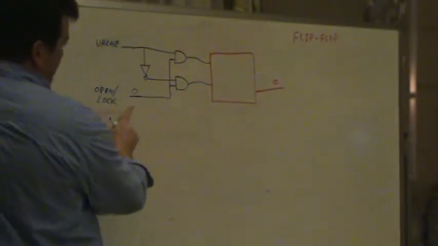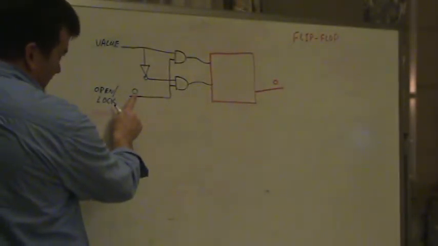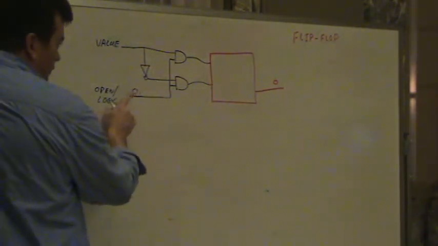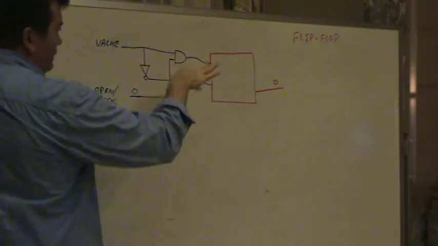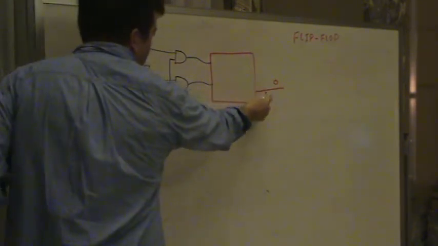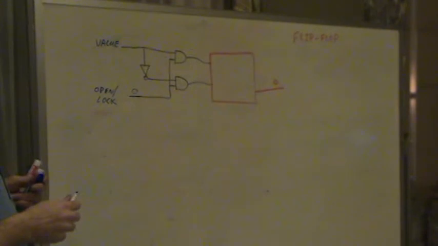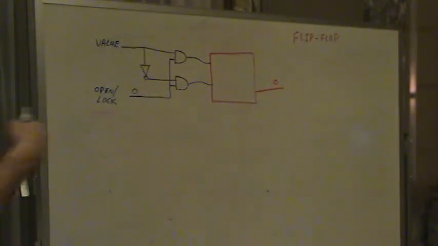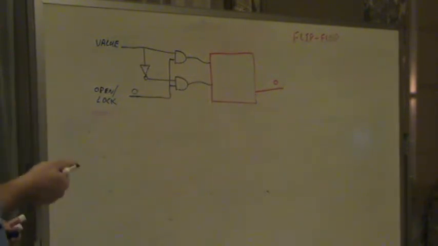In other words, if we put a 0 here, that means freeze this thing on whatever value it was. But if we put a 1 here, that means I'm opening the door for the value of this to be set to this value. So it's kind of like a door that we're opening and closing. We can open the door and set the value, and then we close the door.